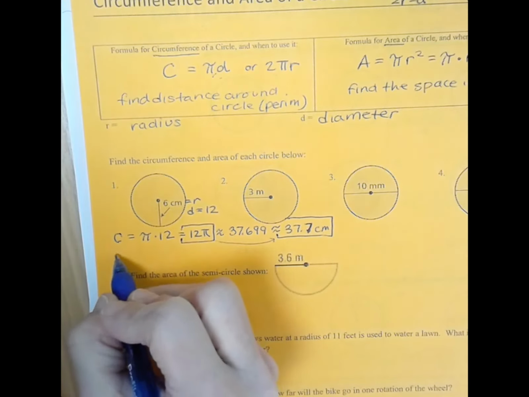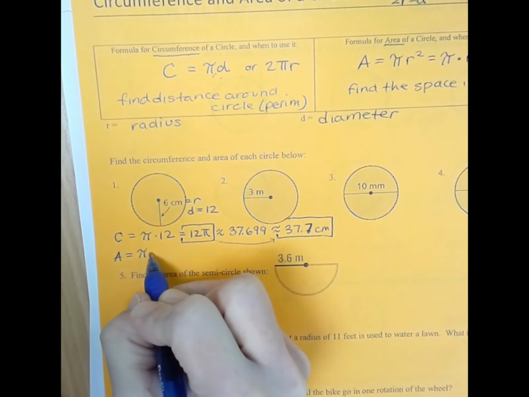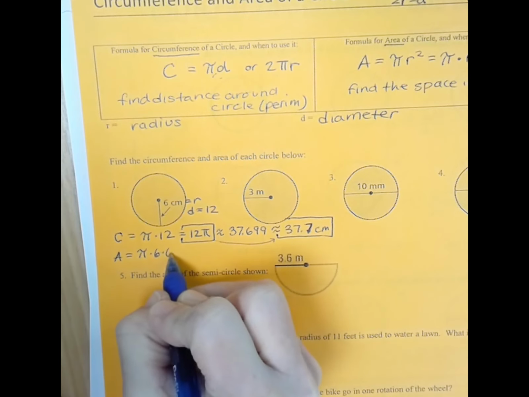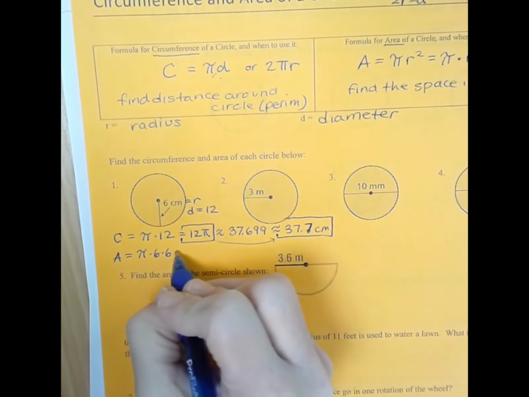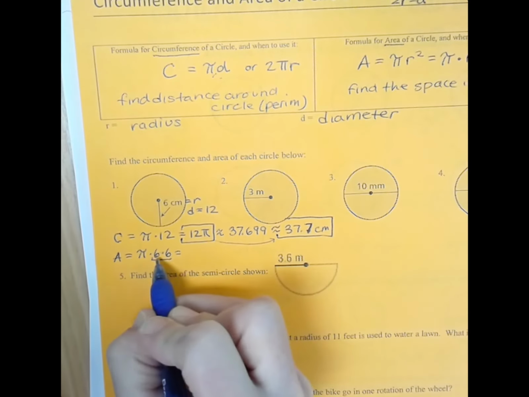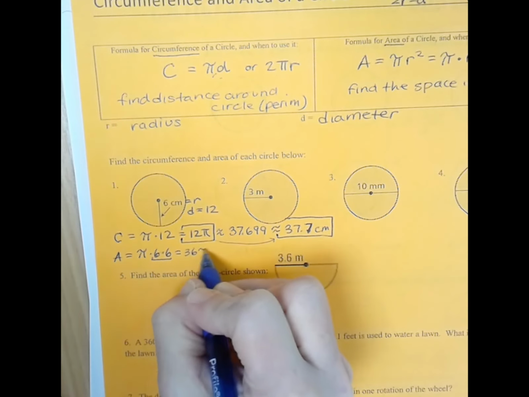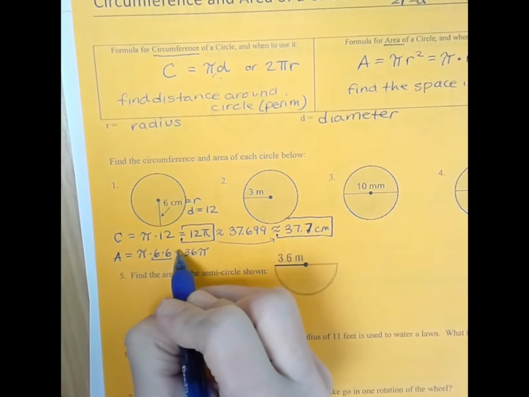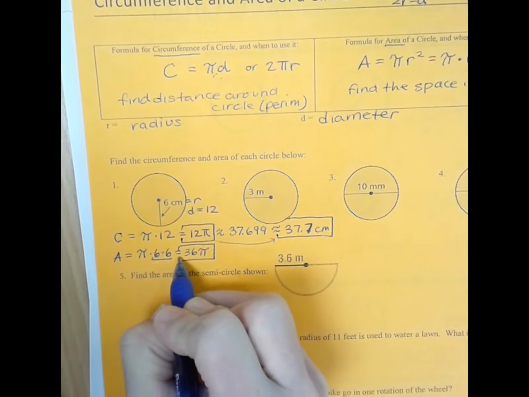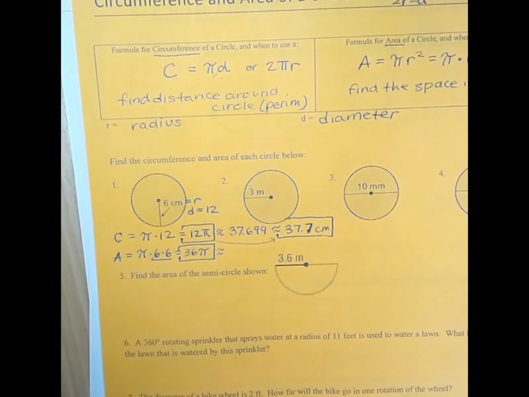All right, let's look at the area. For the area, we're doing pi times the radius squared. So pi times 6 times 6. What we could do, we could also leave this in terms of pi. 6 times 6 is 36. And we'll put the pi at the end. That would be our answer in terms of pi. And then if we want to approximate that, we can multiply 36 pi on our calculator.